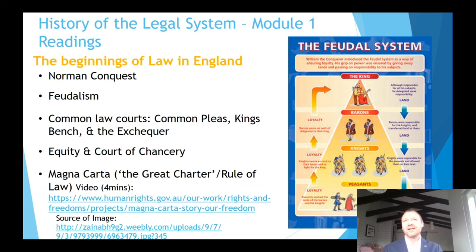Where was it before? So he invented or gave rise or gave voice to the doctrine of equitable estoppel. And the doctrine of equitable estoppel is this: if you make someone a promise and they rely on it to their detriment, then you are stopped from going back on that promise.